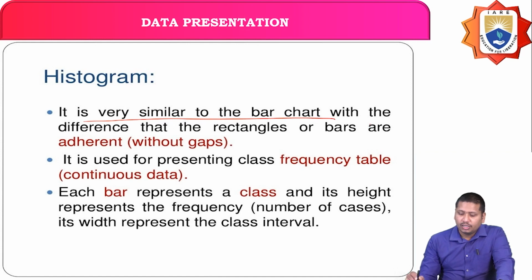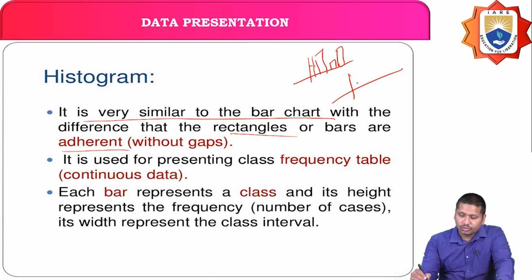With the difference that the rectangles or bars are adherent, without gaps. Normally in a bar chart we represent rectangular bars, and in a histogram also we represent them, but there should not be any gaps in between them.